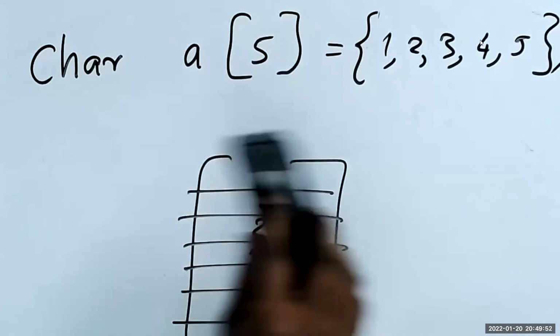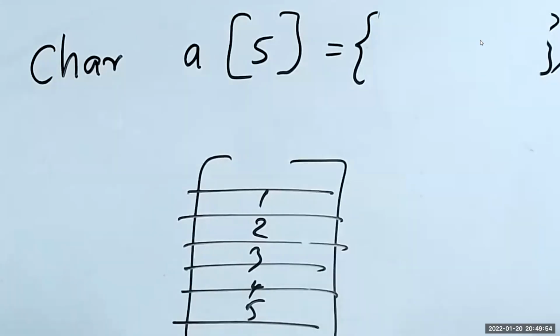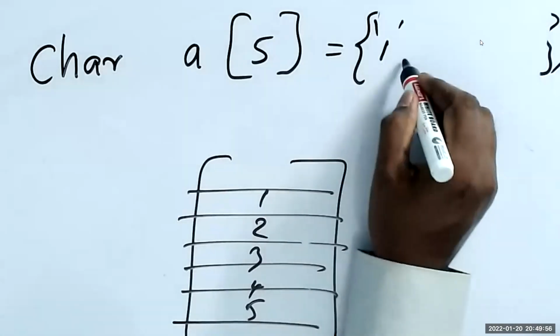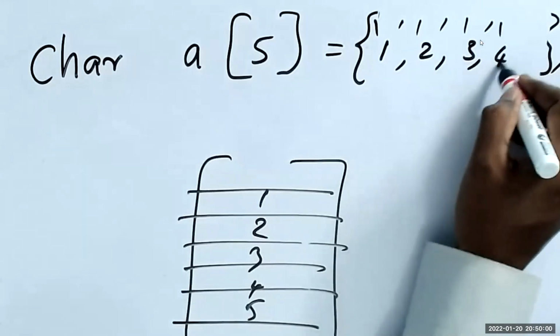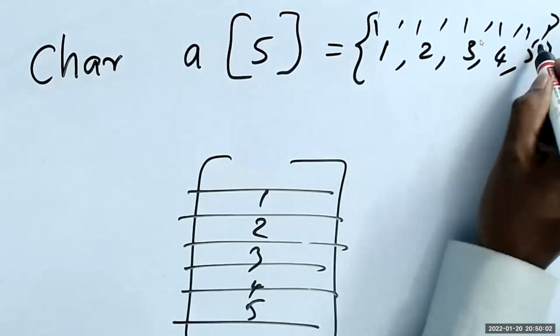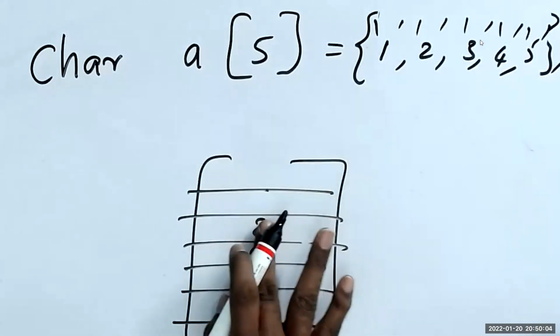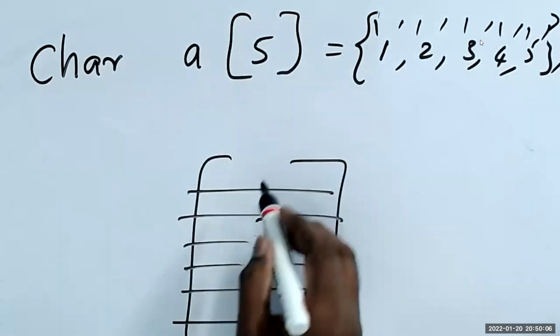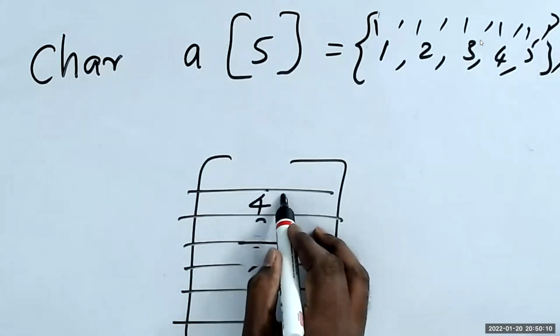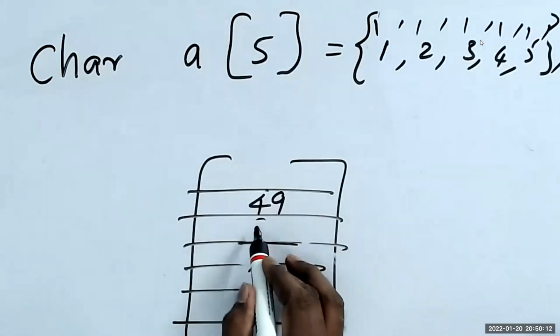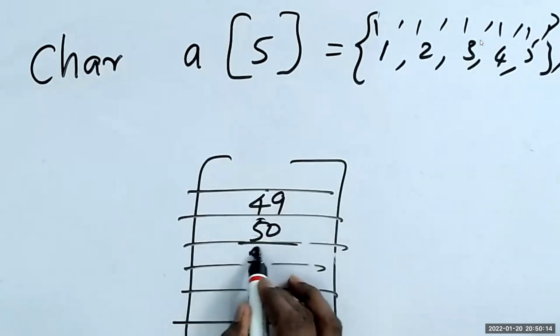But if you write here within single quotes 1, 2, 3, 4, 5, then the equivalent ASCII for 1 is 49. For 2, 50, 51, 52, 53.